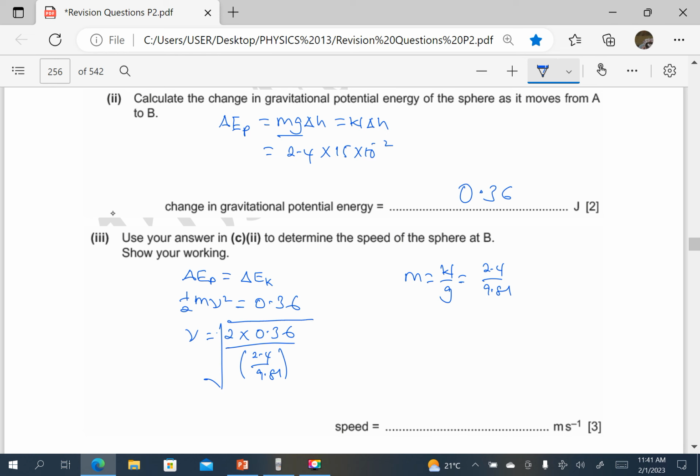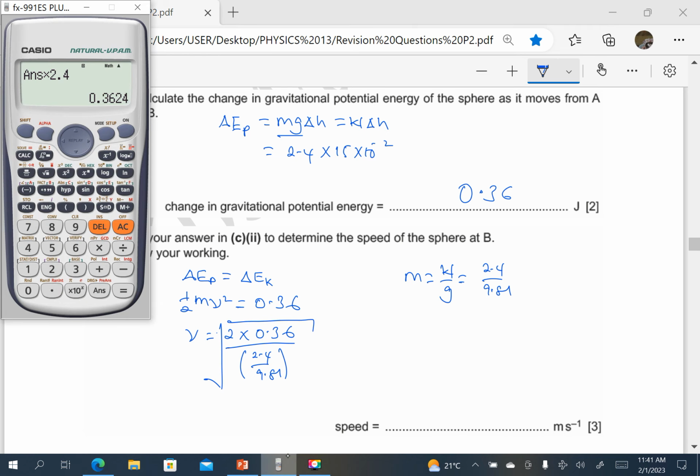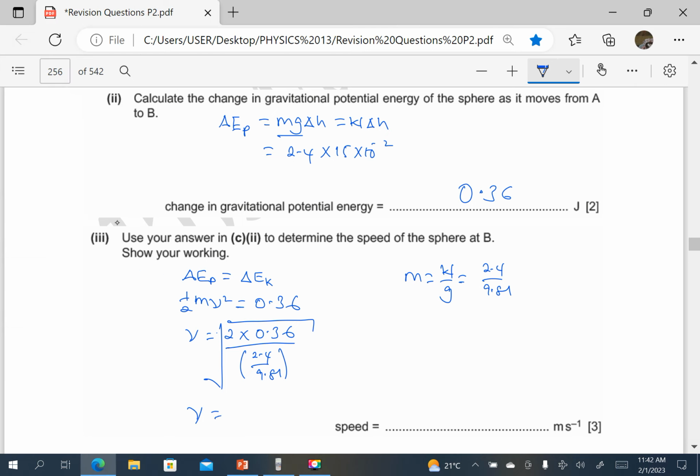I just made V the subject. So 2 times 0.36 divided by, open brackets, 2.4 divided by 9.81. Then we find the square root. So V is 1.7 meters per second.